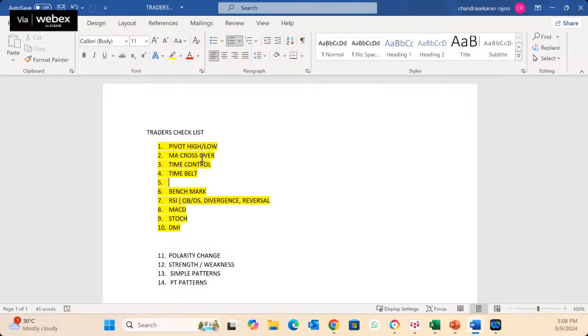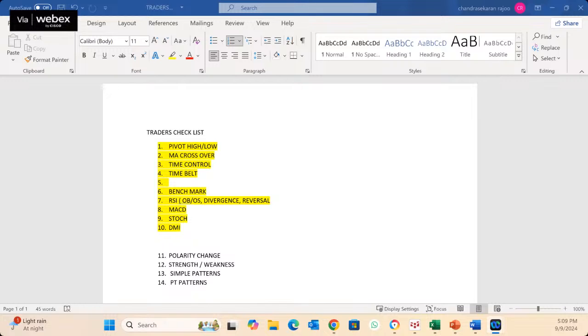What time control means is, if the market is moving maybe 1 or 2 hours, then the 2 hours is the time control. That means you expect the market to move in that particular direction for the next 2 hours. Okay, so that is what is meant by time control.